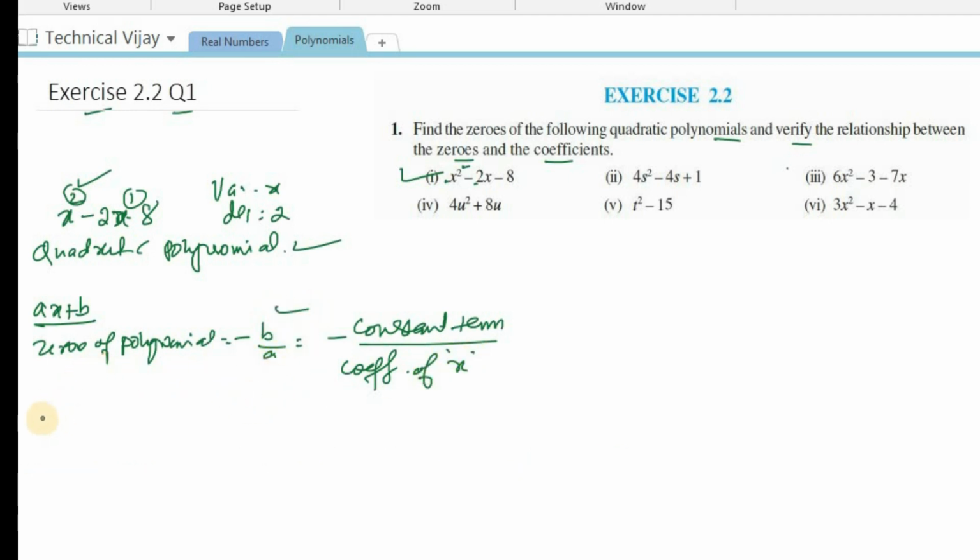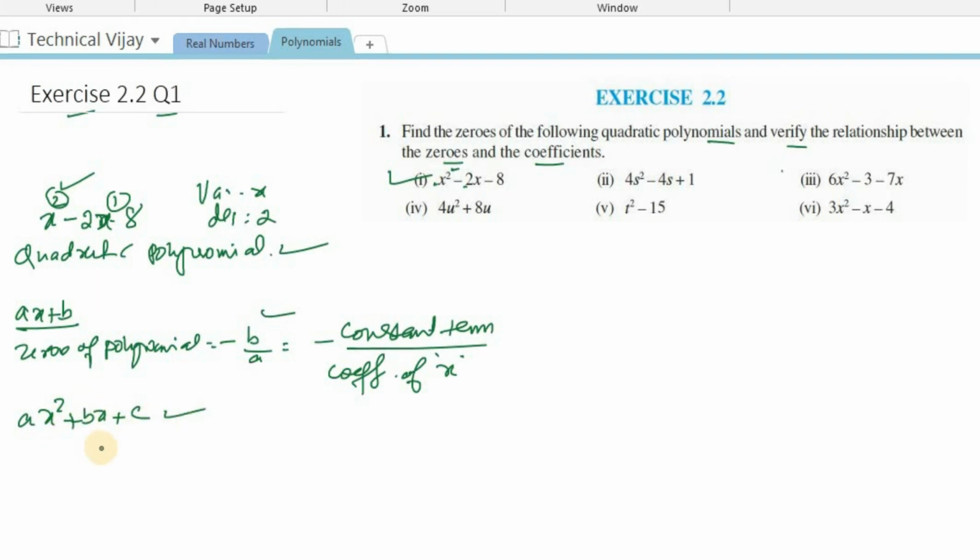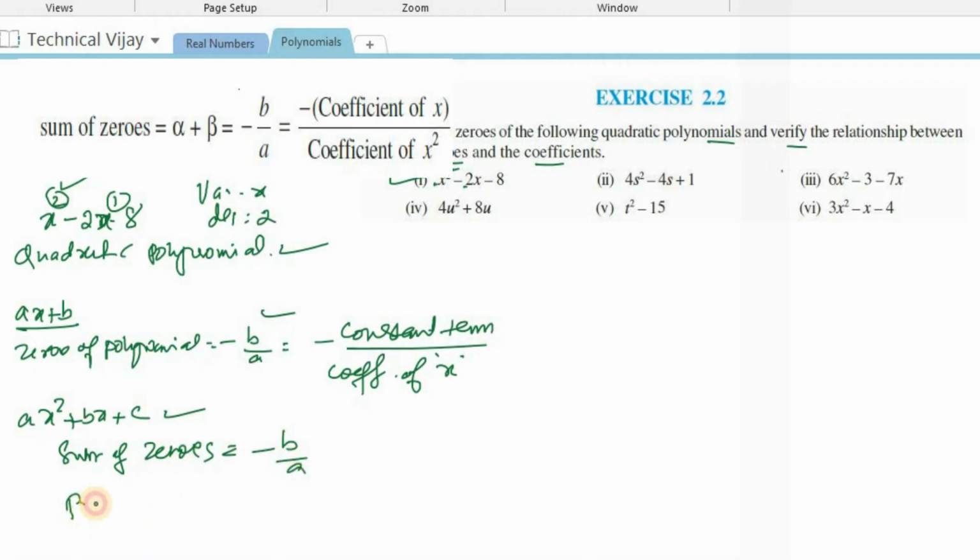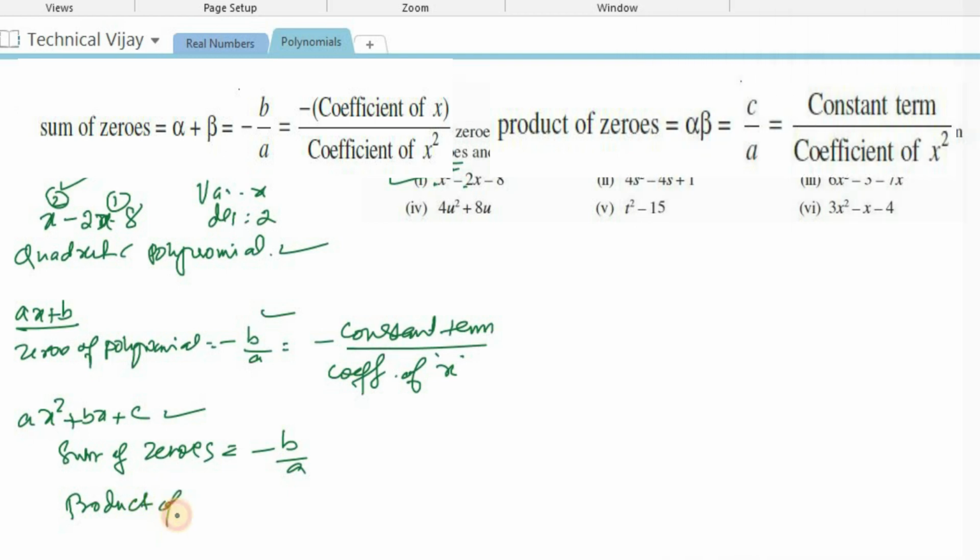In the same way, for a quadratic equation like ax square plus bx plus c, we know from the theory that the sum of zeros is equal to minus b by a, and the product of zeros is equal to c by a.